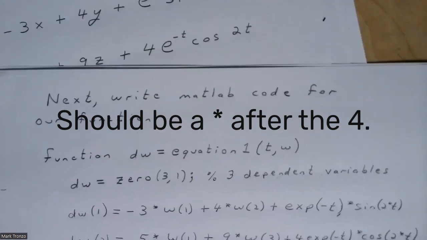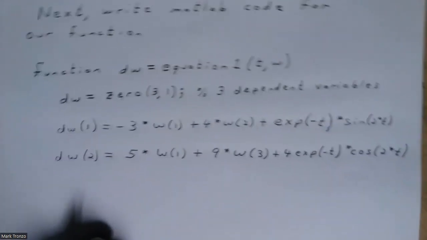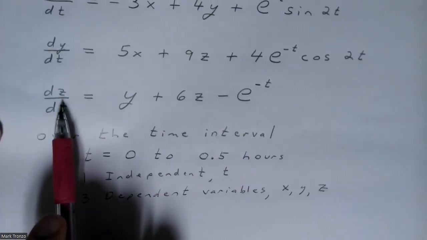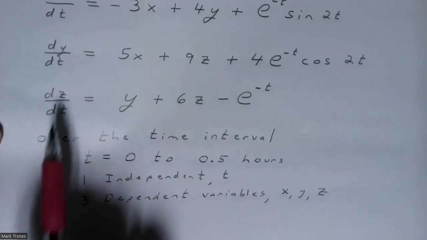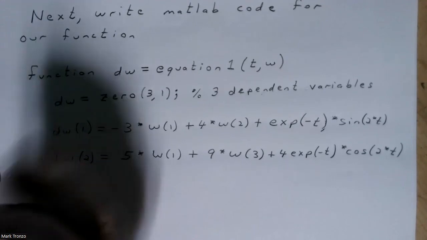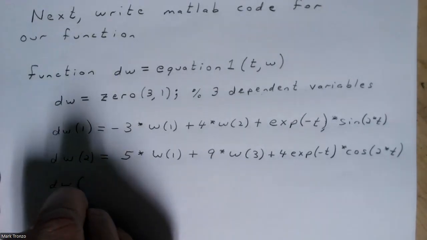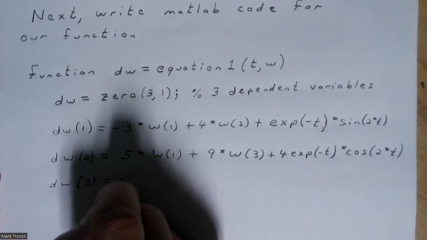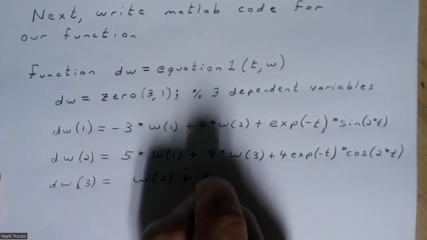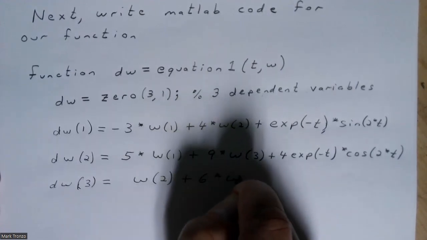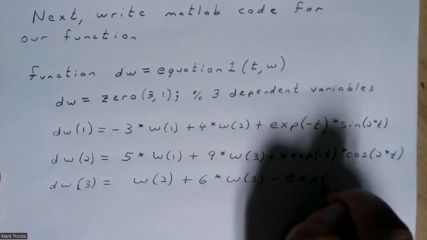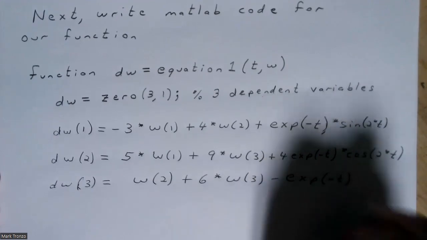And I'm going to do the third equation as well. I'm kind of running out of room to show everything on the screen. But the third equation is this one right here. So dz/dt will be dw3 equal to w2 for y plus 6 star w3 minus exp to the minus t, like that.